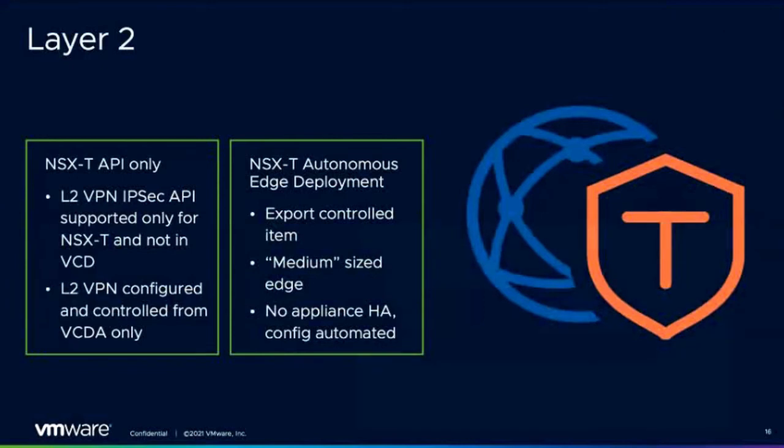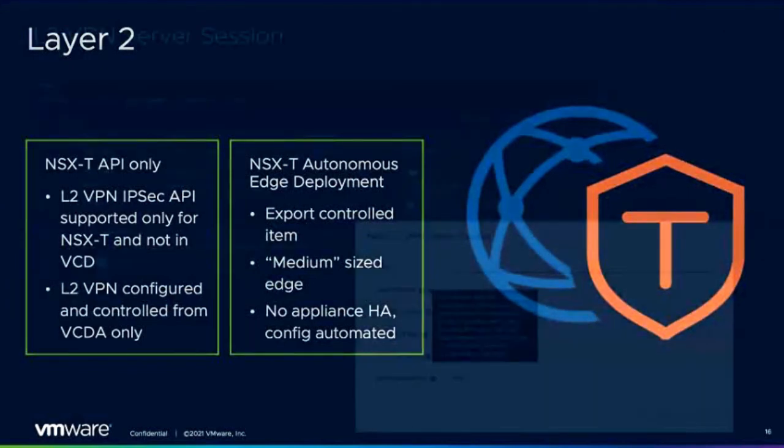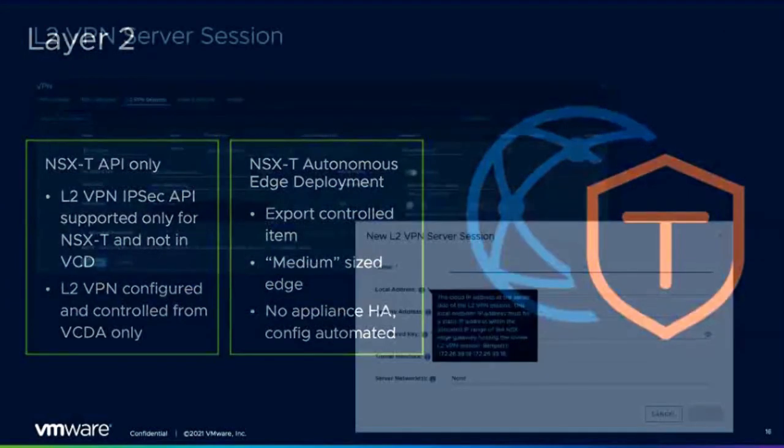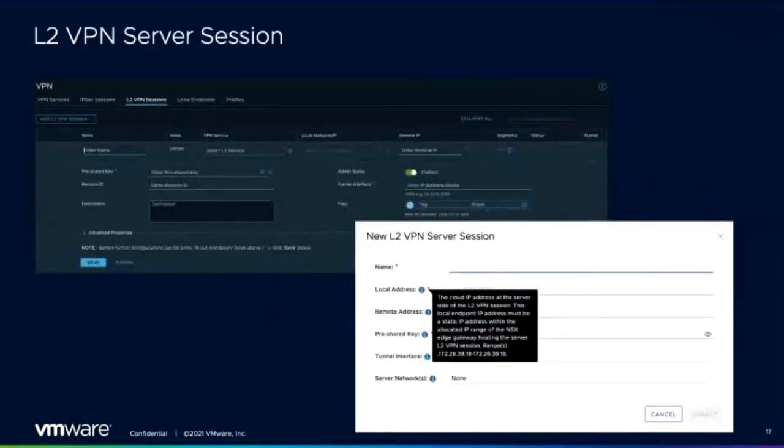So I'm going to show that, just to illustrate how simple it is to actually perform. On the first screenshot, you can see how you can create an L2 VPN server session from the NSX-T UI, and then the simplified setup within Cloud Director Availability. Here we even have some additional hints.